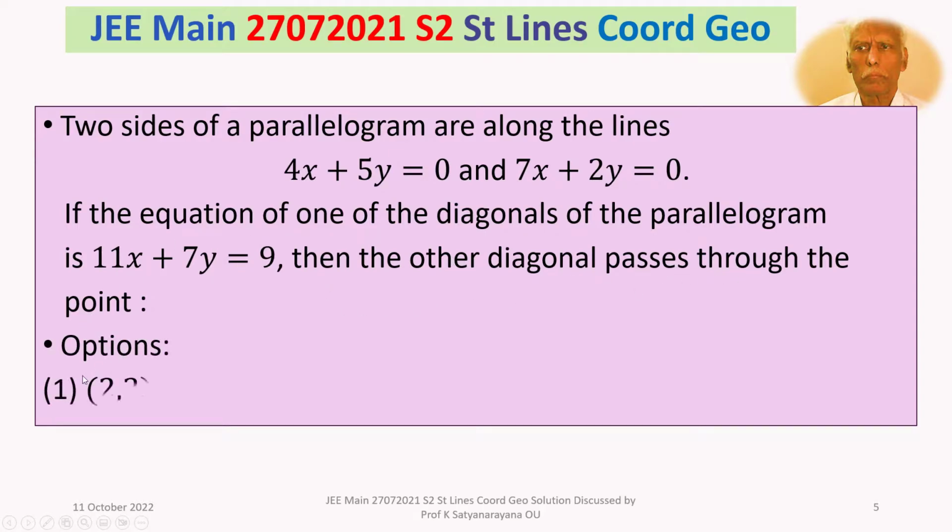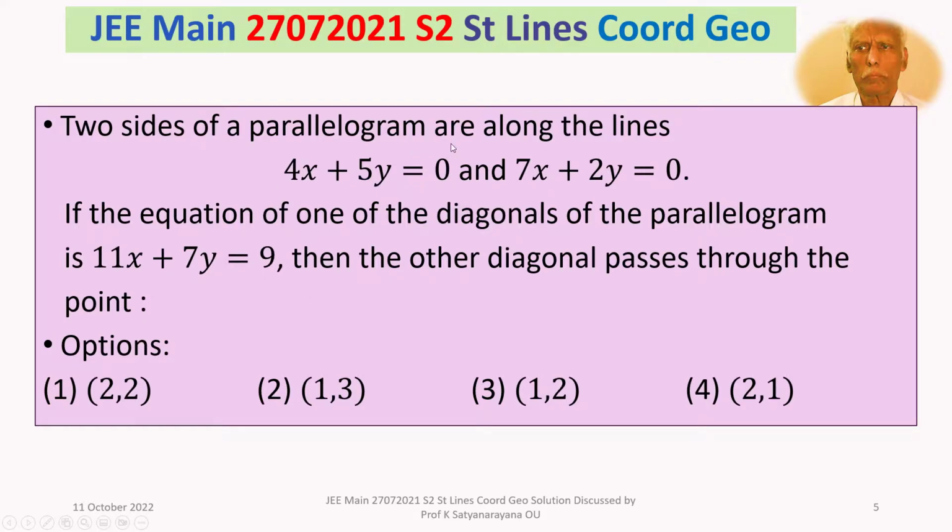We are given four options. Option 1, the point (2, 2). Option 2, the point (1, 3). Option 3, the point (1, 2). Option 4, the point (2, 1).